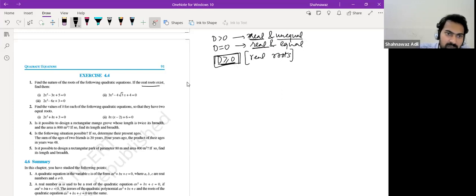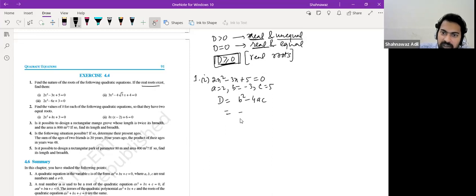Yes, sir. Okay, so this first question is 2x square minus 3x plus 5. So a is 2, b is minus 3, c is 5. D is b square minus 4ac. So minus 3 square minus 4, a is 2, c is 5.